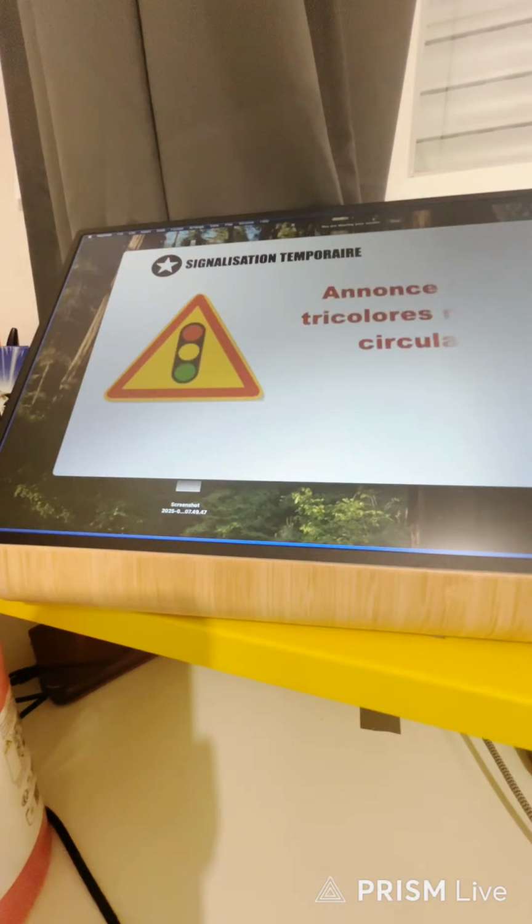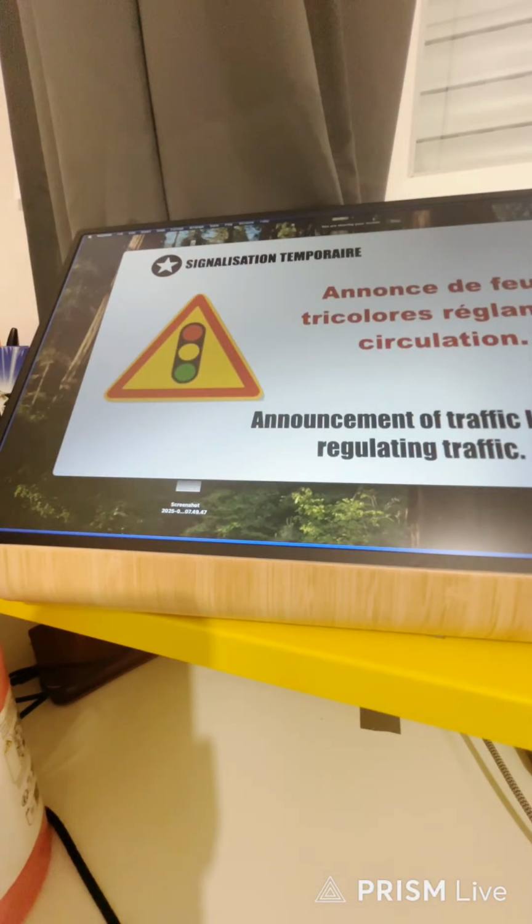The next one that you are seeing is annonce de feux tricolores régulant la circulation. They are telling you as you are driving, you are going to meet a traffic light ahead of you, because it's an announcement of a traffic light ahead. It's just yellow because it's temporary. Maybe it's a temporary traffic light. They are doing some work there.